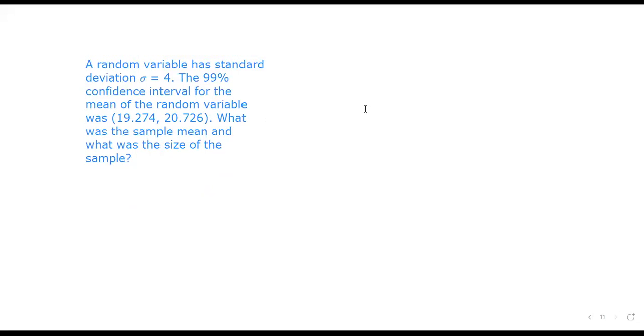A random variable has a standard deviation of 4 and a 99% confidence interval for the mean of the variable is that and that. What is the sample mean and what is the sample size? So what are we looking for here? Please at least say something. What are we given or what are we looking for?